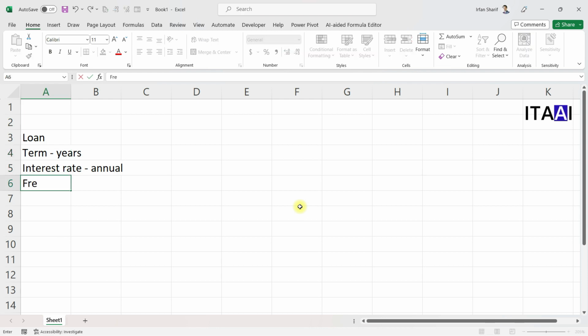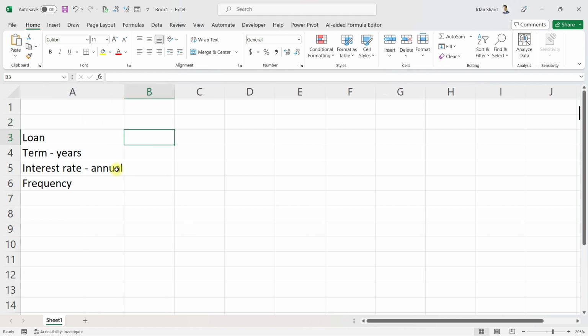And finally, we also need to talk about the frequency of payment that we need to make. Now the amount of the loan, the term, and the interest rate, all these values will be entered by the user, and this can be any amount. But when we talk about frequency, we know that there are only going to be four options: monthly, quarterly, biannually, or annually.